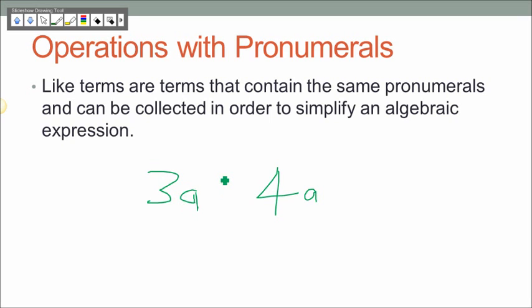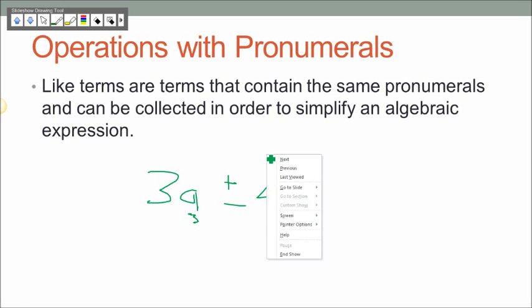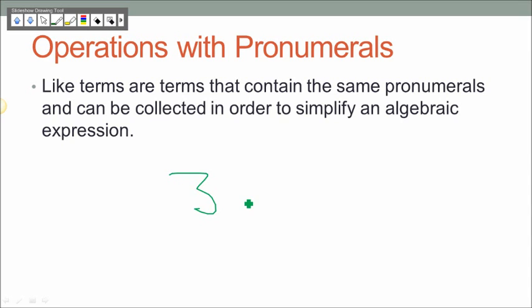So you'll notice in these two terms here, they contain the same pronumeral, which is the letter a. That means I can add these two together or even subtract them to simplify my algebraic expression. Now that can only happen if the terms in my question have the same pronumeral. Where some people get stuck is if we go back to 3a, but the second one is 4a squared.